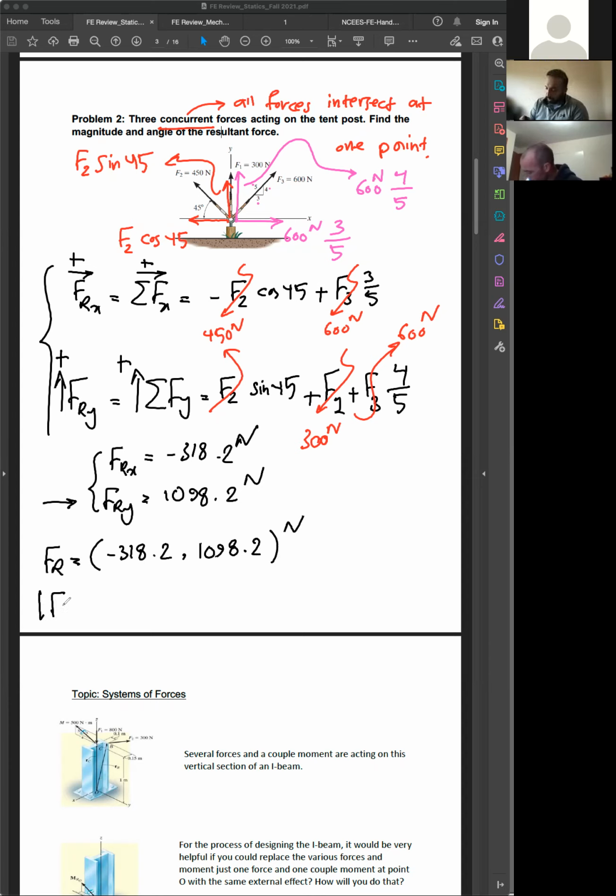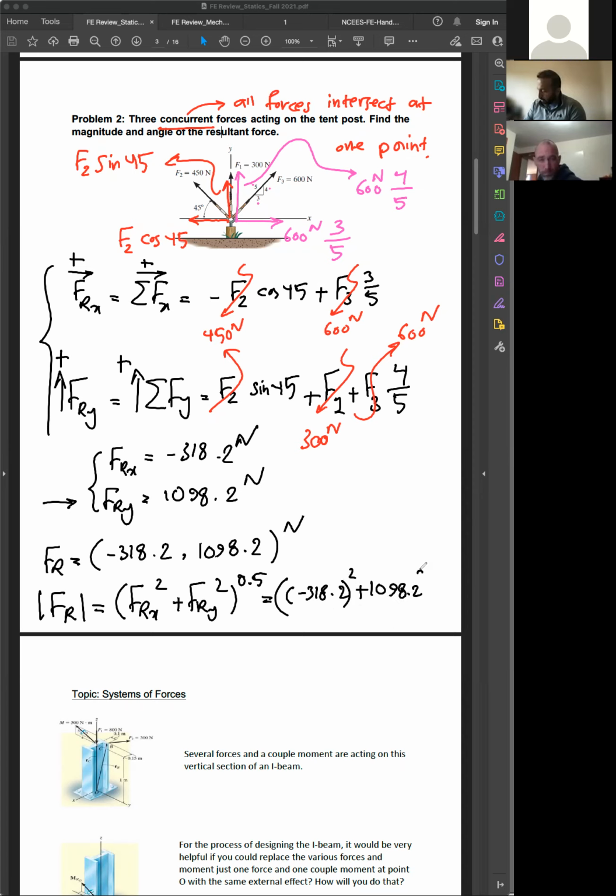The magnitude of the vector, you know how to find the magnitude. Remember that we would say FRX squared plus FRY squared, everything to the power of half. So you have negative 318.2 squared plus 1098.2 squared, everything to the power of half.